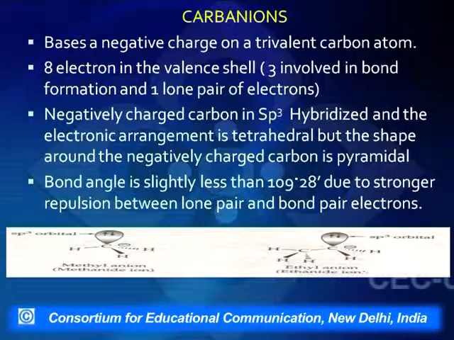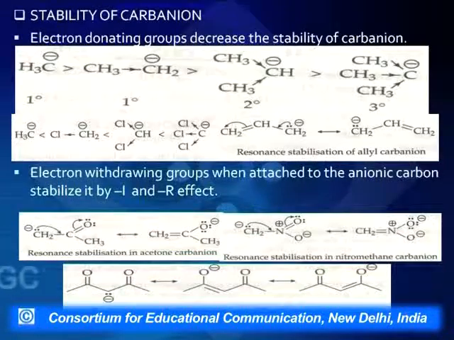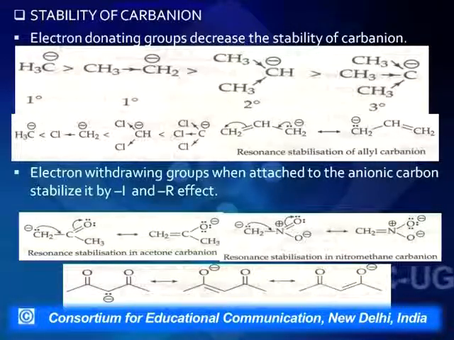So the next thing is, what is the structure of the carbanion? The carbon containing the negative charge is sp3 hybridized, and the structure around it is pyramidal. Now if we look into the stability of carbanions, please remember in carbanions, carbon has a negative charge. So anything that will increase the negative charge on this carbon will destabilize it.